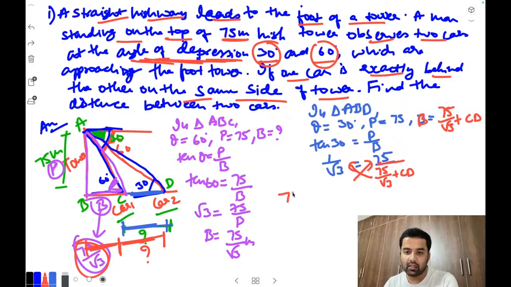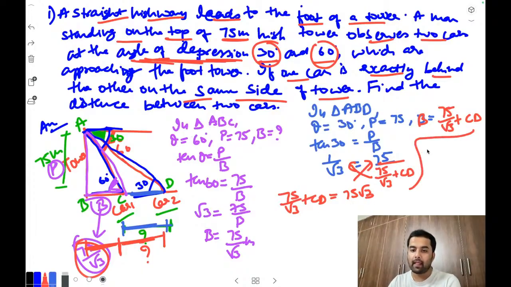We are in the last part of the answer. 75 by root 3 plus CD is equal to 75 root 3. Let me write here: CD becomes 75 root 3 minus 75 by root 3.